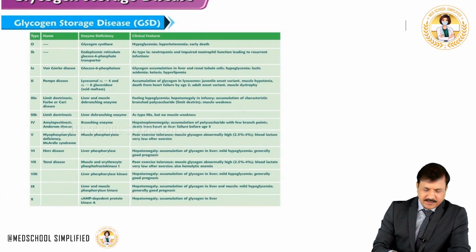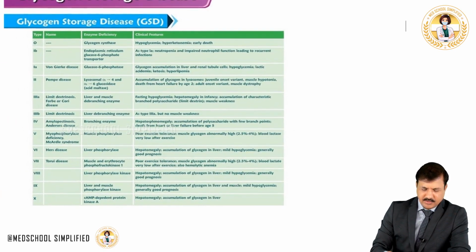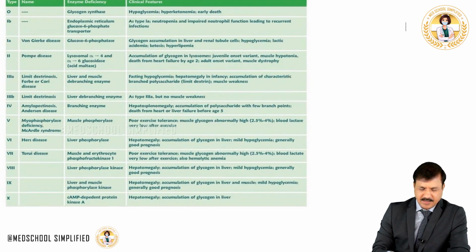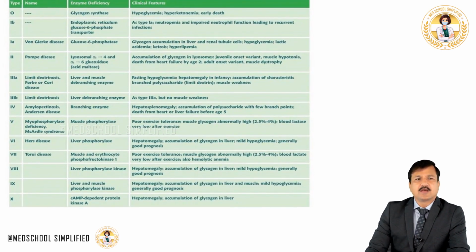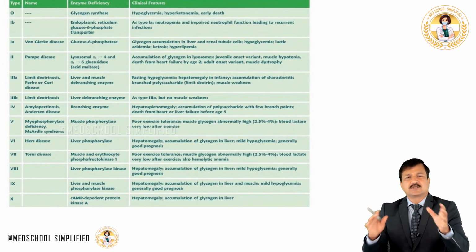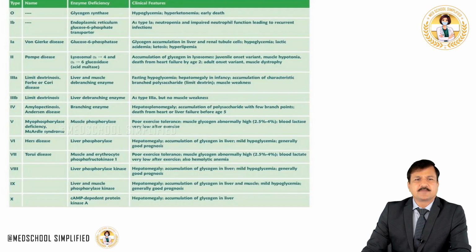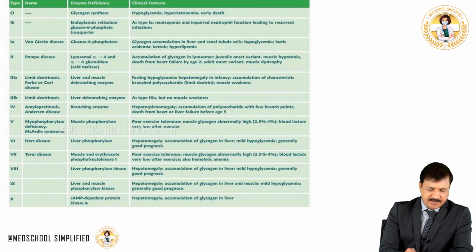The table here gives you all the glycogen storage diseases in one place, where you can see enzyme deficiencies that are directly or indirectly involved in glycogen metabolism. So we have the glycogen synthase enzyme.